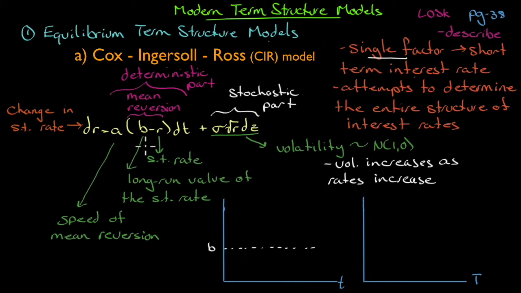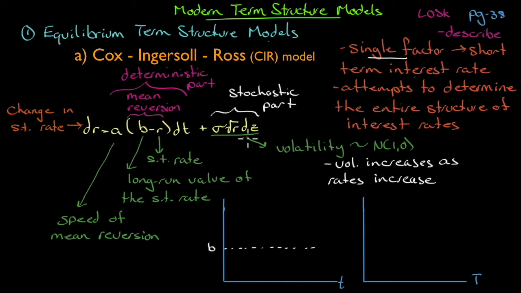This first term will be positive, pulling the interest rate up towards its long-term mean. So that captures mean reversion. The a, what is that? That is the speed of mean reversion. So we're going to need an assumption about what the long-term value of the short-term rate is. We're going to need some assumption about the speed at which mean reversion happens.